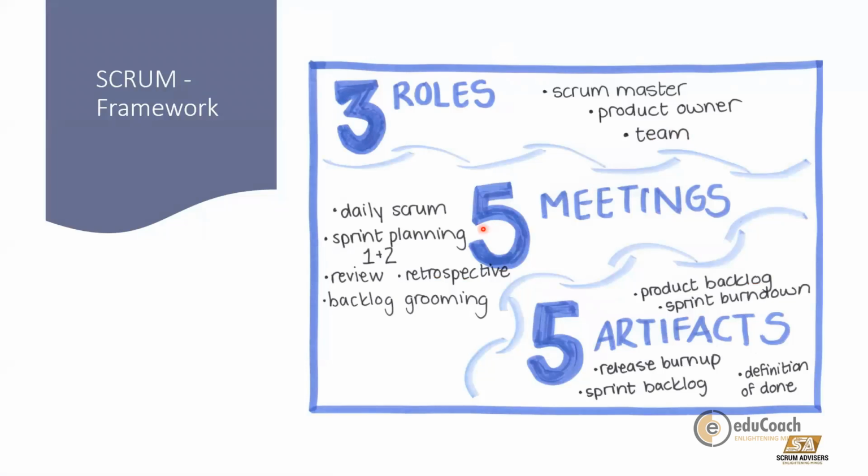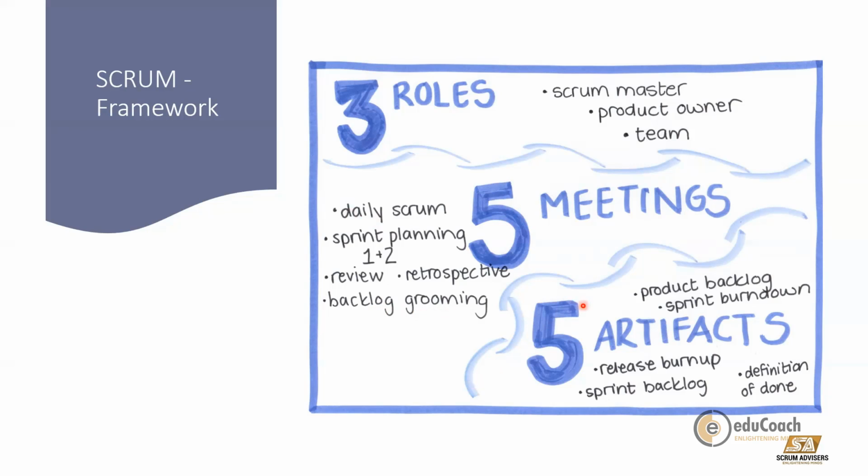And it roughly has 5 meetings. It shows 5 here, but if you go to the Scrum Guide, they would mention the daily Scrum, the sprint planning, the sprint review, and the retrospective. So in effect, as per the Scrum Guide, there are only 4 meetings. But here I've mentioned 5 because I consider the backlog grooming part as another of the meetings.